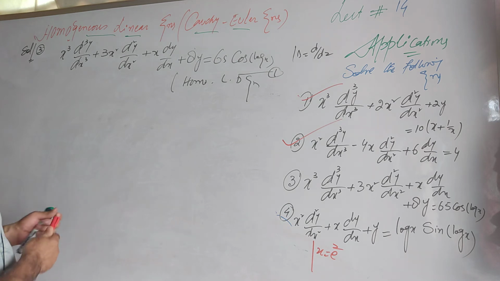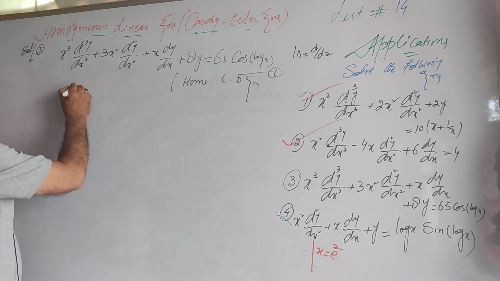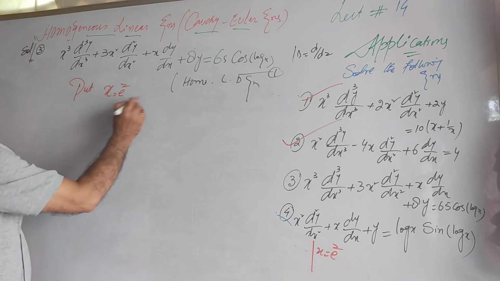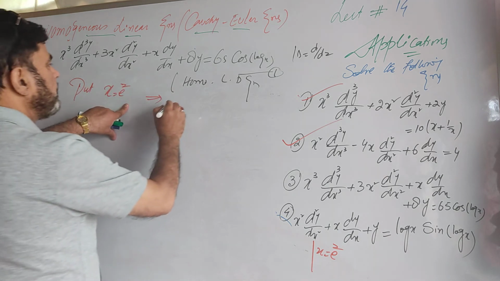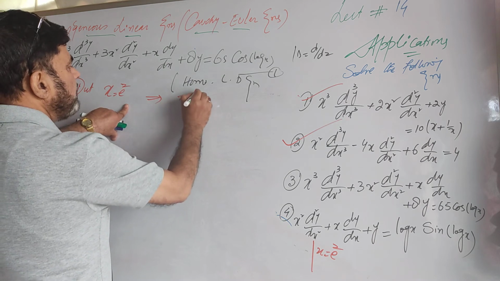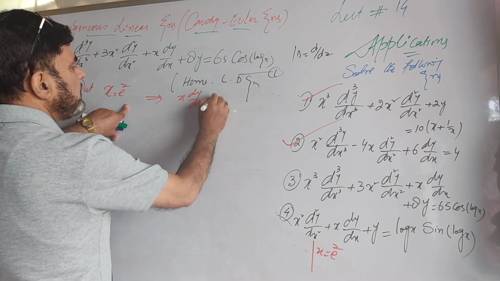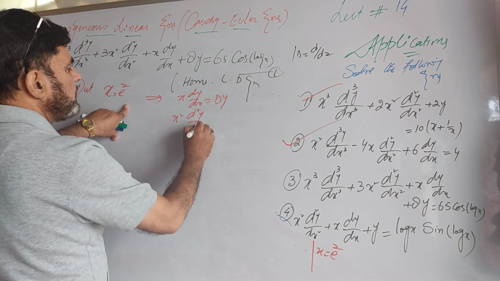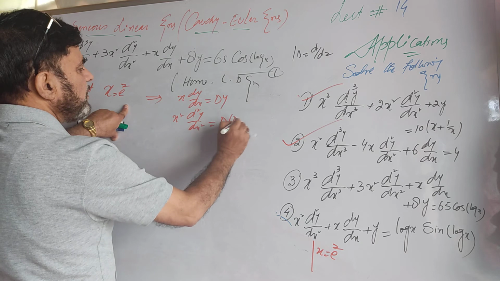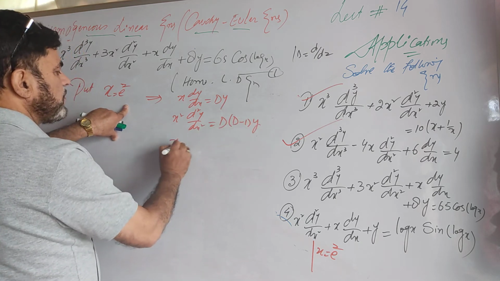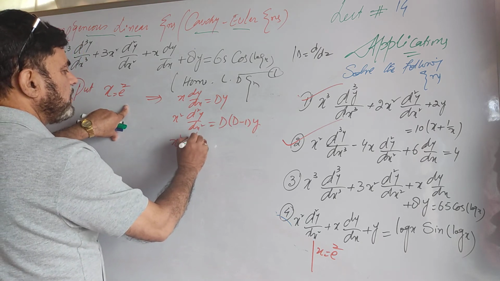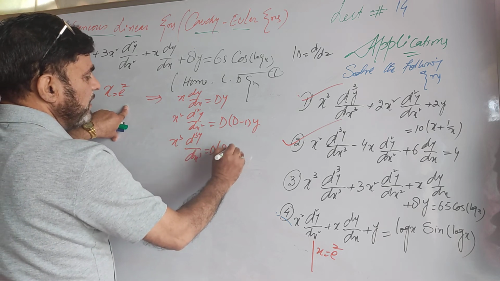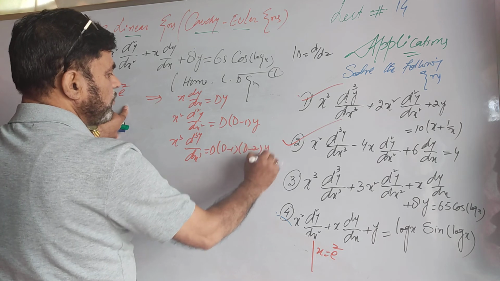So what we do is we make a suitable substitution, x is equal to e raised to power z, which gives us x dy by dx is Dy, x square d2y by dx square is D into D minus 1 y, where 2 factors are involved. For x cube, 3 factors are involved: one is D, then D minus 1, then D minus 2, into y.